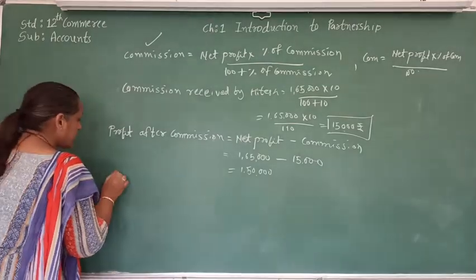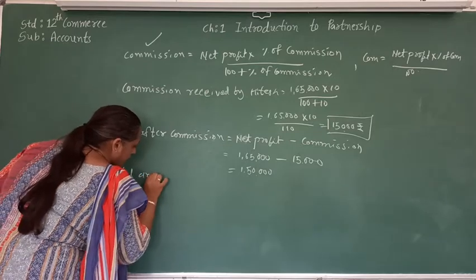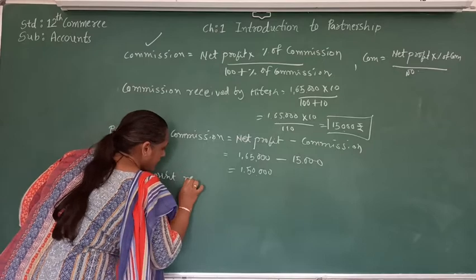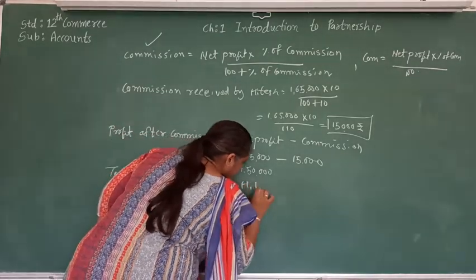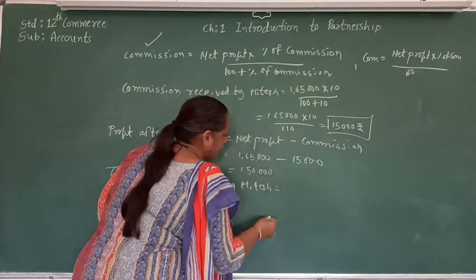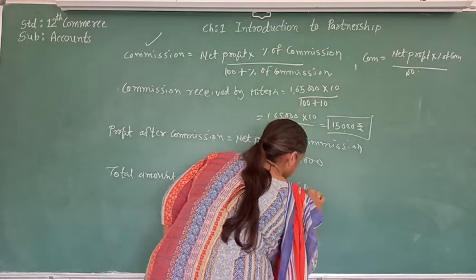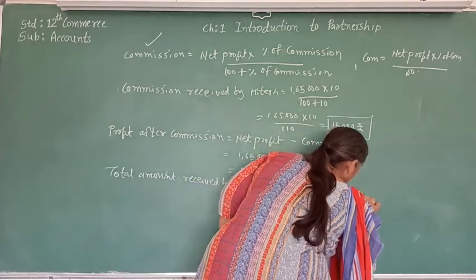So total amount received by Hitesh is equal to divisible profit plus commission.